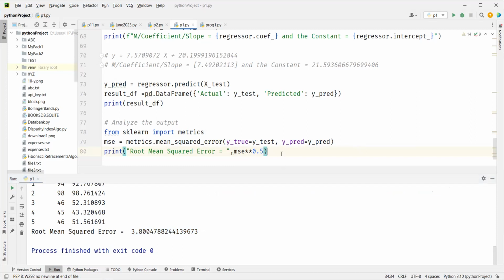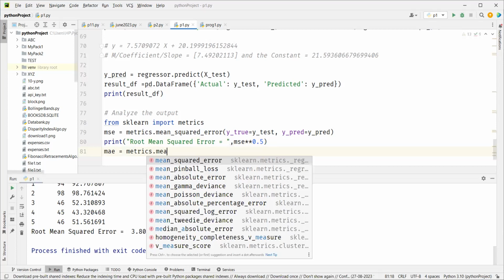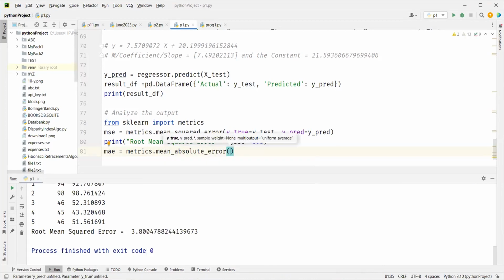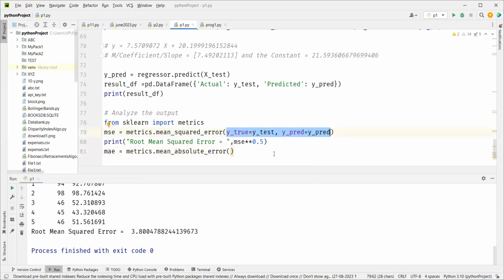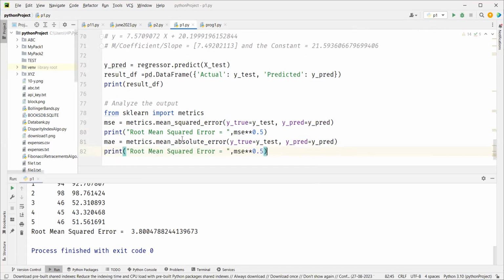If you want to calculate mean absolute error, it is metrics dot mean absolute error, and we need to give the same values here. So I'm going to copy and paste it here, and then you print. What did we calculate as mean absolute error?